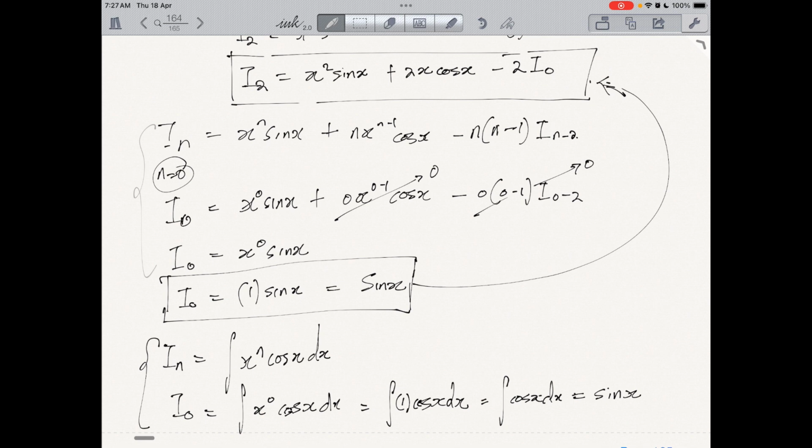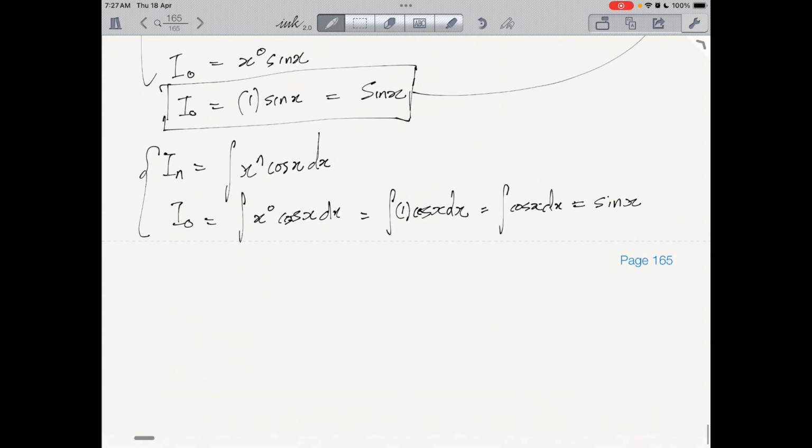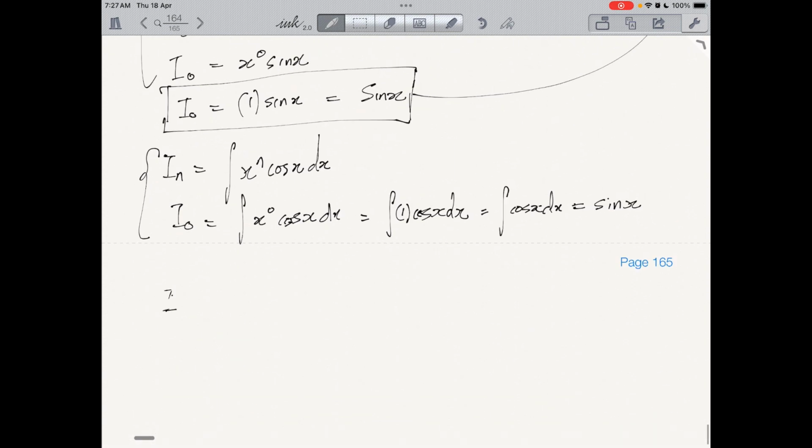Now, since we have been able to evaluate I_0 to give us sine x, then we now substitute it back into I_2. Let's recall what I_2 is. I_2 is equal to x squared sine x plus 2x cos x minus 2 I_0.